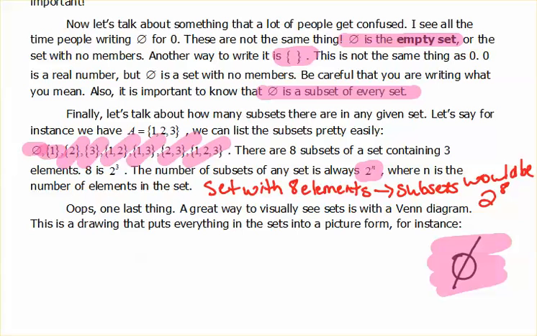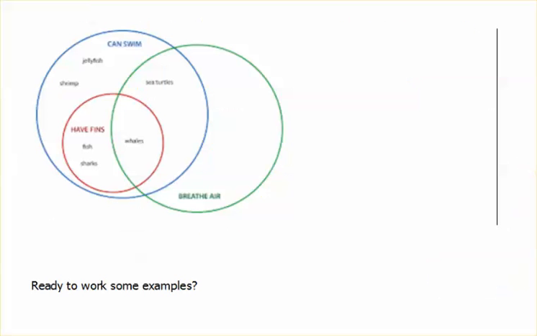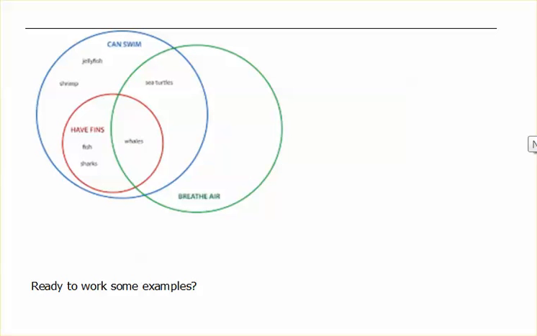And as I was writing this, I forgot about one last thing that I needed to talk to you about, which is a way of visually seeing sets. And that's what we call a Venn diagram. A Venn diagram is a drawing that puts the sets into picture form, and I wanted to give you an example of what one looks like.